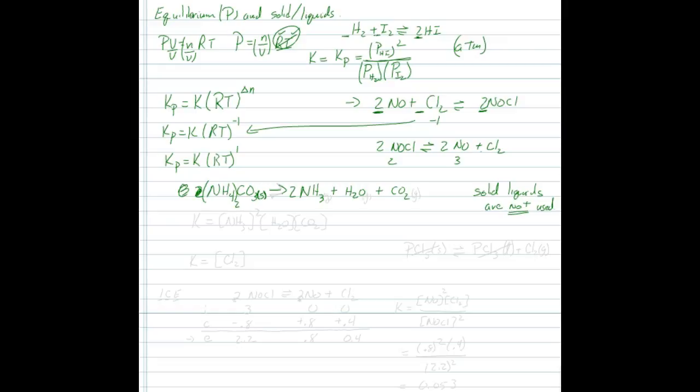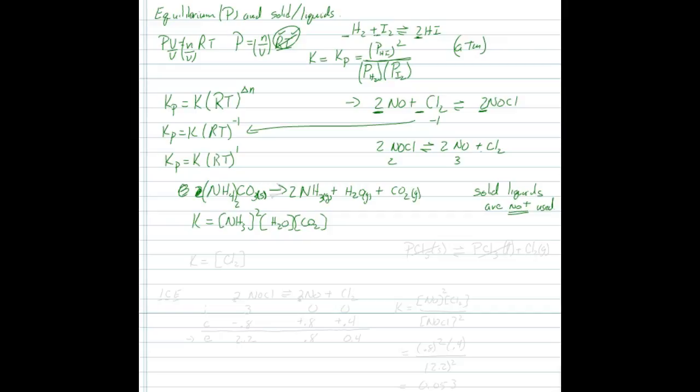They don't do anything for your equations. So these are all gases over here. That's a solid, so products over reactants. So here, K is equal to NH3 squared times H2O times the concentration of CO2.